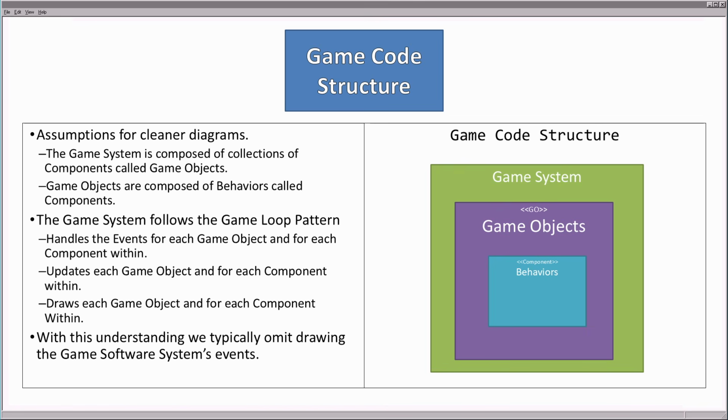It then updates each game object and for each component within. Afterwards, it draws each game object and for each component within and continues looping. With this understanding, we typically omit drawing the game software system's events in our structural designs.